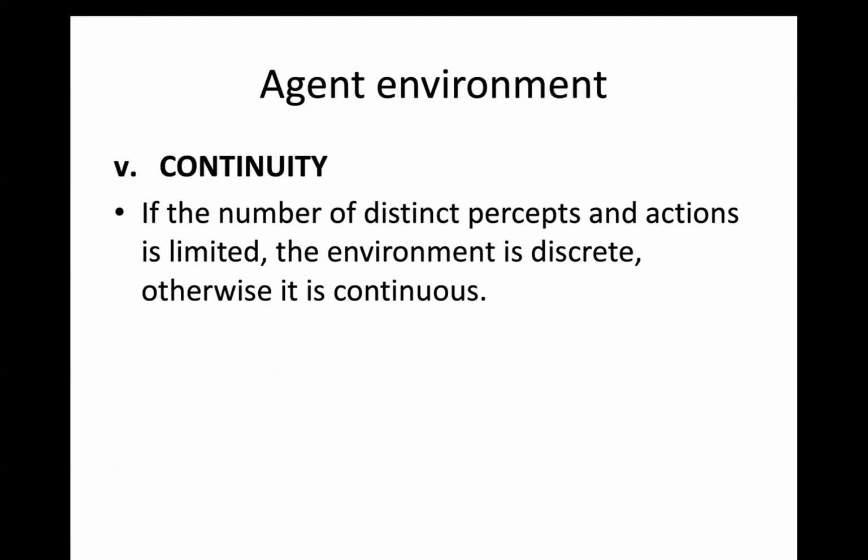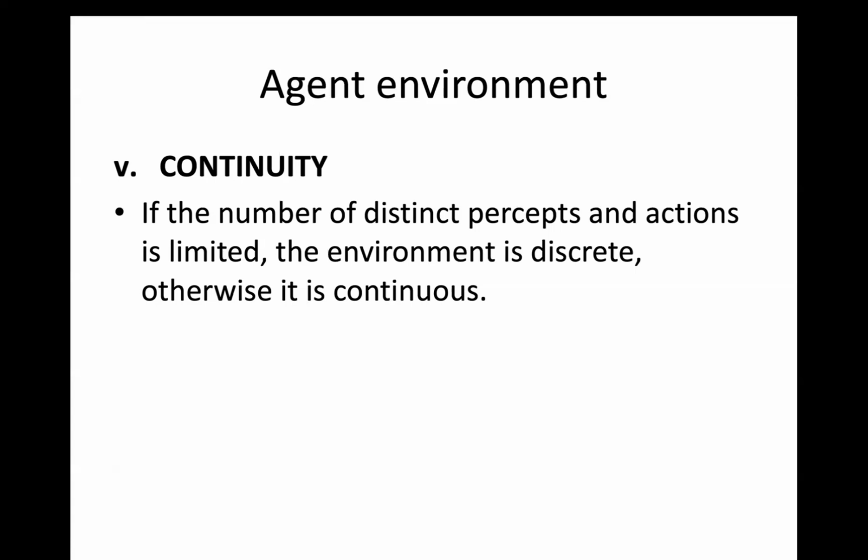Now, the other aspect of the agent's environment is continuity. This is similar to what we said about the episodic environment. So with continuity, we are looking at whether the number of distinct percepts and actions is limited; if so, then the environment is discrete. Here we are saying the inputs are limited, and they're coming at specific times.